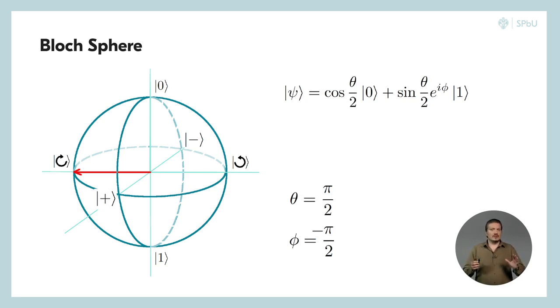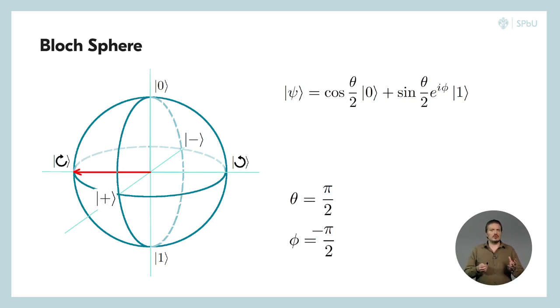So now we have all these three very important bases geometrically represented on a sphere. And any point on this sphere corresponds to some possible photon polarization with particular direction and phase shift. This sphere is called the Bloch sphere, named after the Swiss-American physicist Felix Bloch.